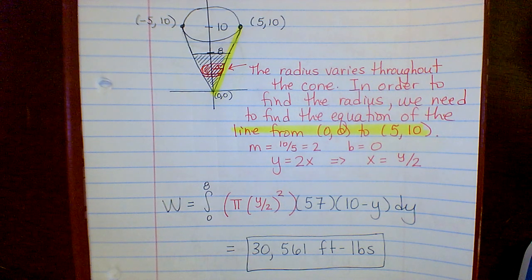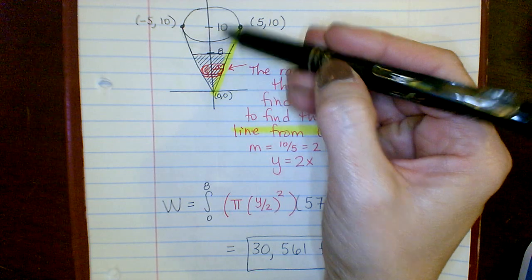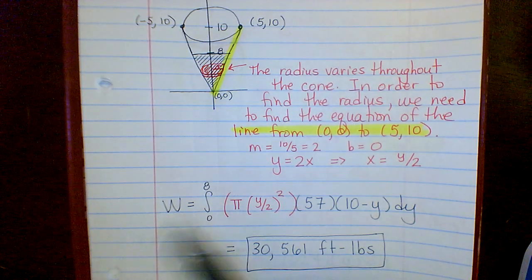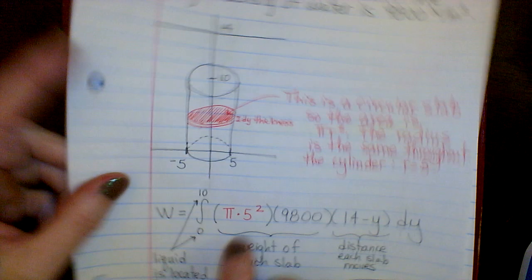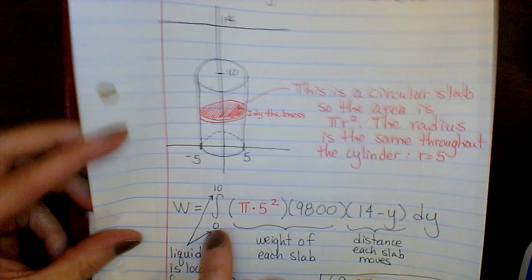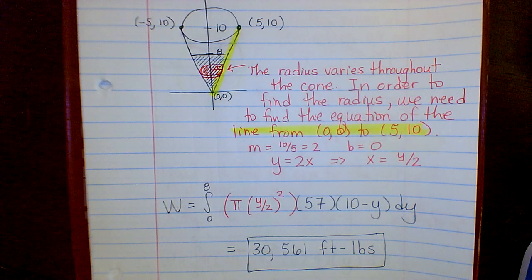So why am I only integrating from 0 to 8? If this tank is 10 feet tall, why didn't I integrate from 0 to 10? The cylinder was also 10 feet tall, and I did integrate from 0 to 10. So why am I only going to 8 this time?